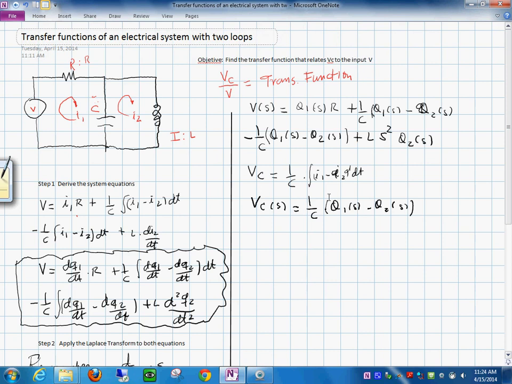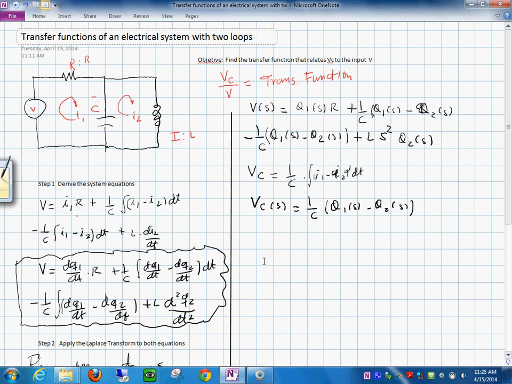So we continue with the application of the Laplace transform, and we will rewrite the equations, collecting the terms of Q1 and Q2.